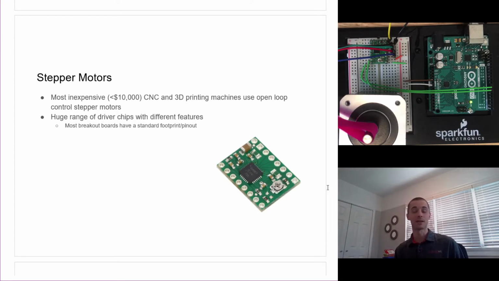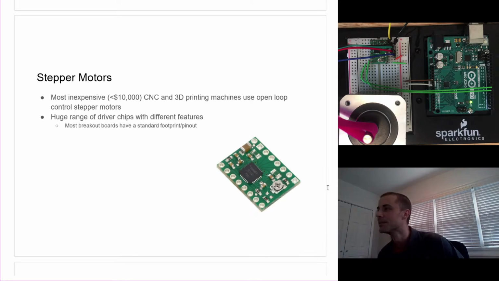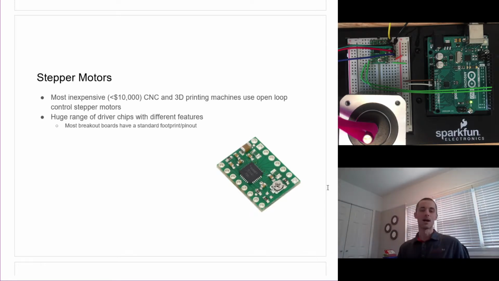The drivers and the motors are incredibly cheap options. There's a huge range of different types of stepper motor drivers now. I think this picture is one specific one, Allegro. Oh, now I got to look at the number. Yeah, it's 49.88.